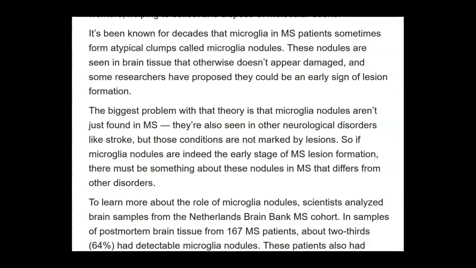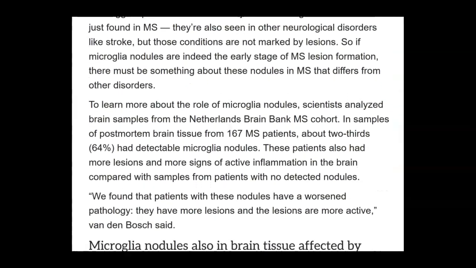The biggest problem with that theory is that microglia nodules aren't just found in MS. They're also seen in other neurological disorders like stroke, but those conditions are not marked by lesions. So if microglia nodules are indeed the early stage of MS lesion formation, there must be something about these nodules in MS that differs from other disorders.